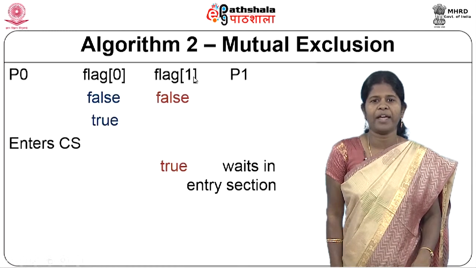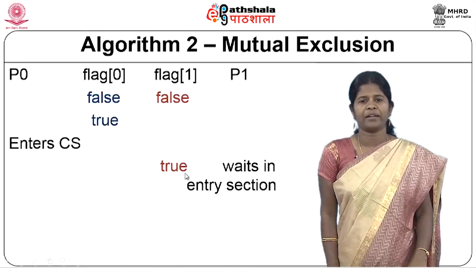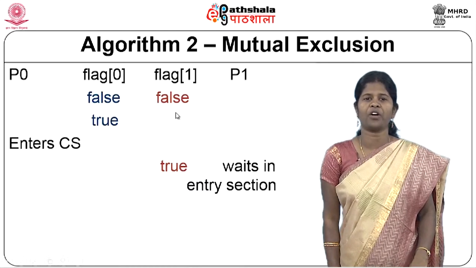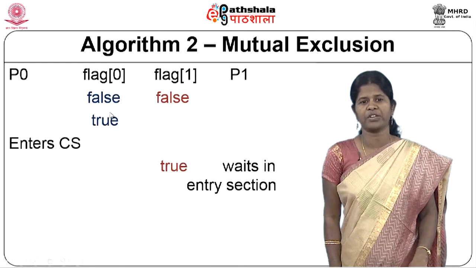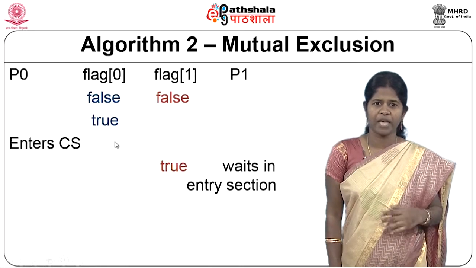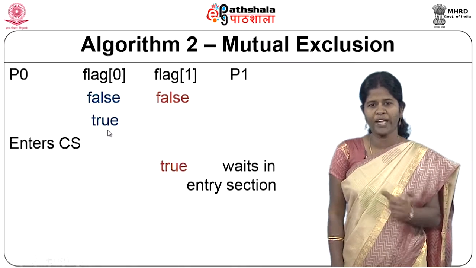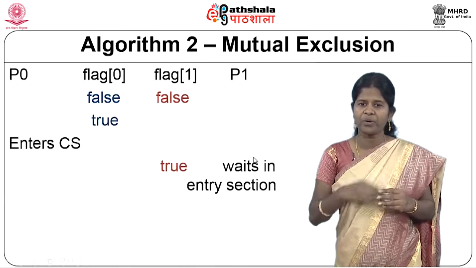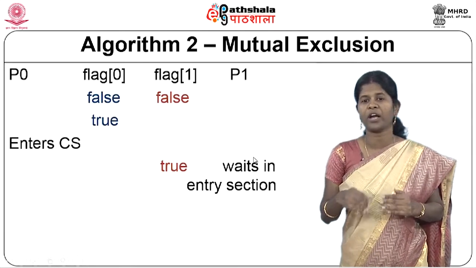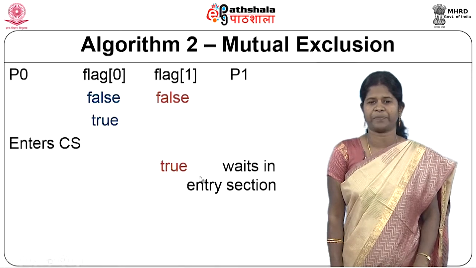P1 executes flag of 1 equal to true and checks if flag of 0 is true or false. Here flag of 0 is true, that is the other process's flag is true. So, while of true will be true and P1 continues to be in the while loop and it will wait here in the entry section.